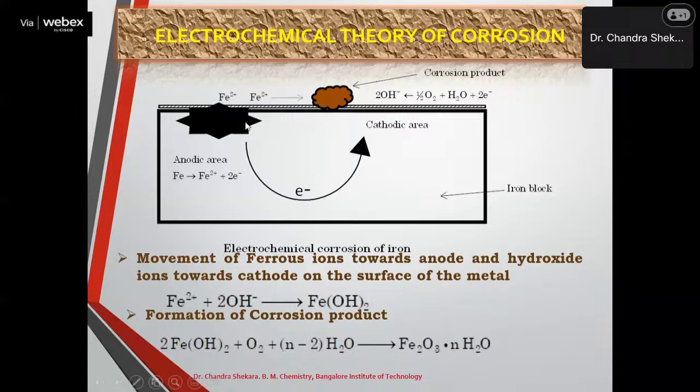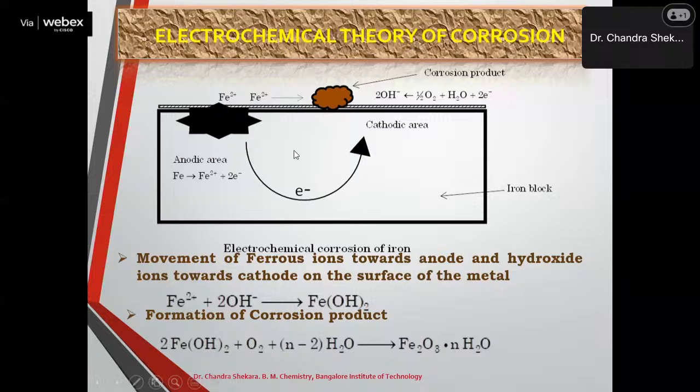One is the oxidation of metal at the anodic area. The second step is reduction of O2 and H2O present on the surface of the metal into OH-. And the third step is the movement of ions on the surface of the metal, combination of Fe2+ with OH-, and then finally formation of the corrosion product.